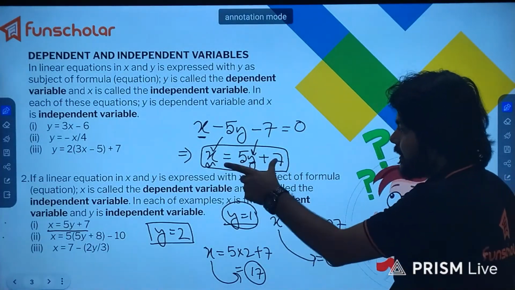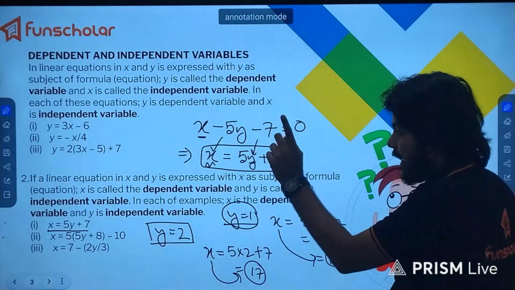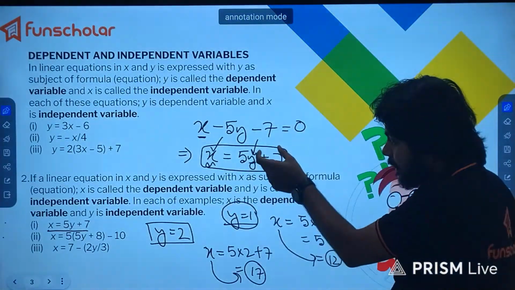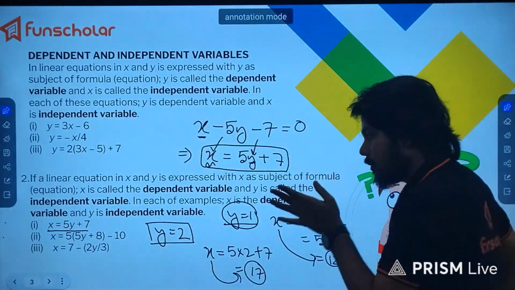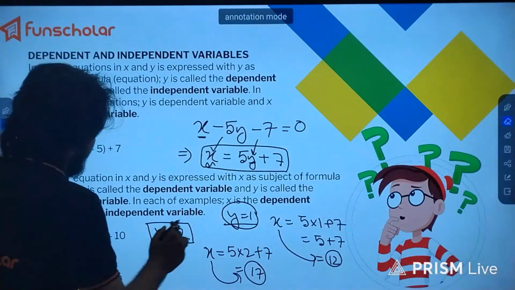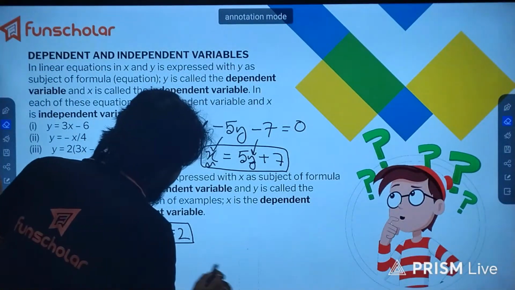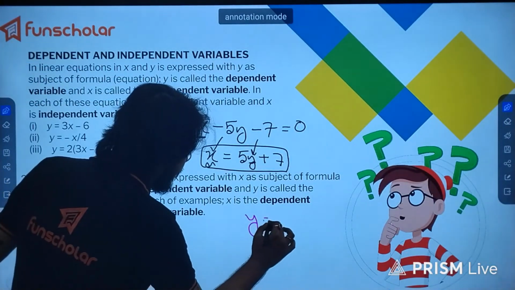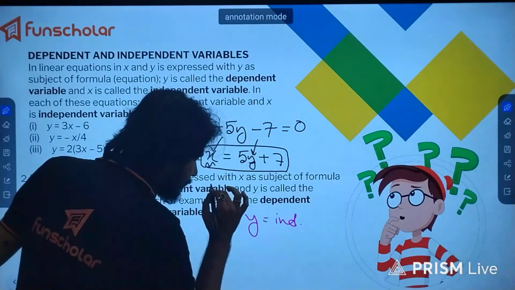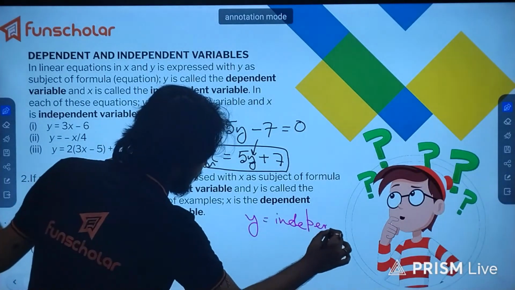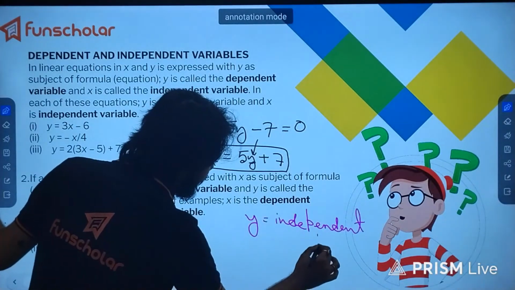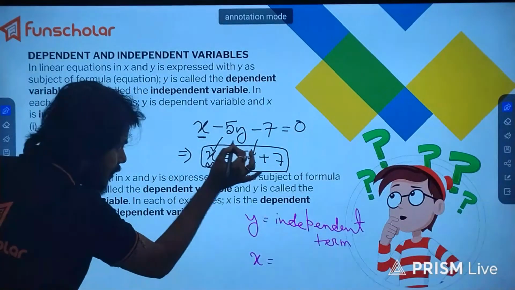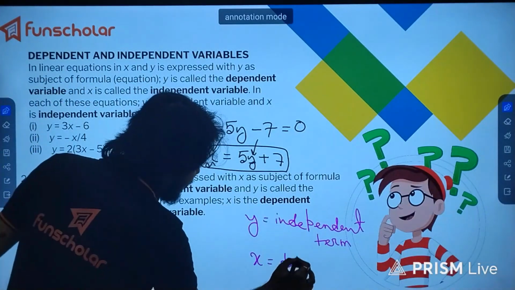So in this expression where x has been expressed in terms of y, we will say that y is the independent term, and x, as it is totally dependent on y, is the dependent term.